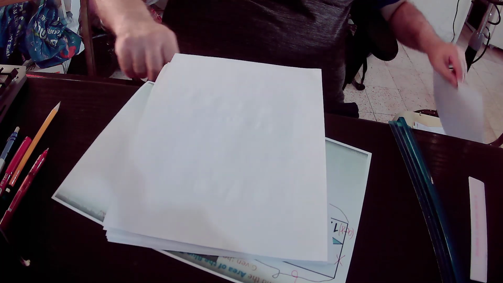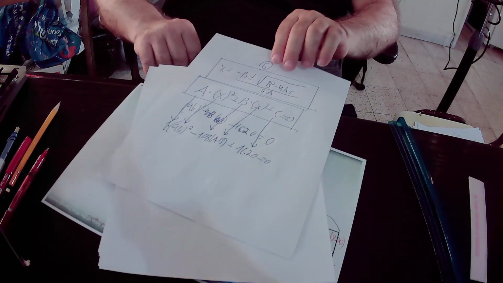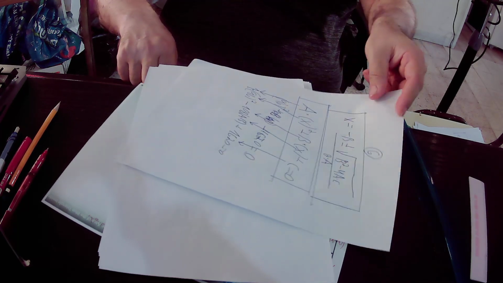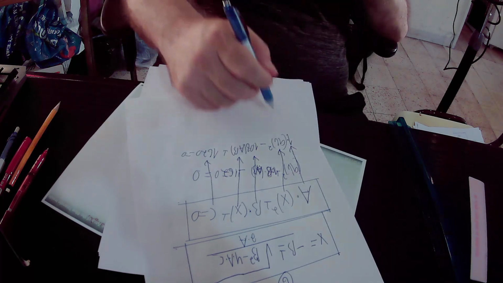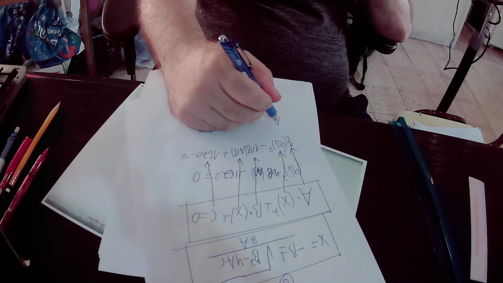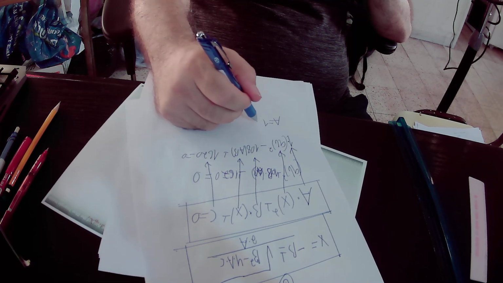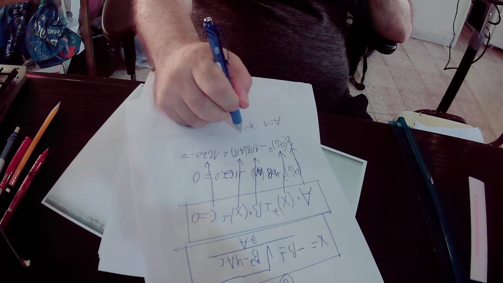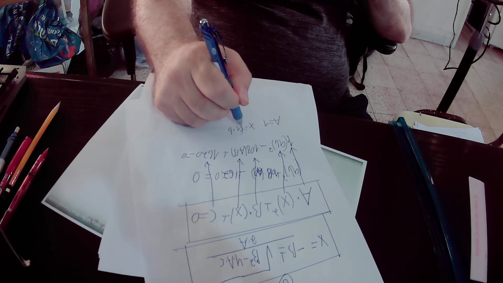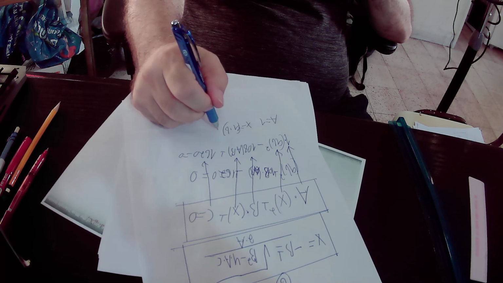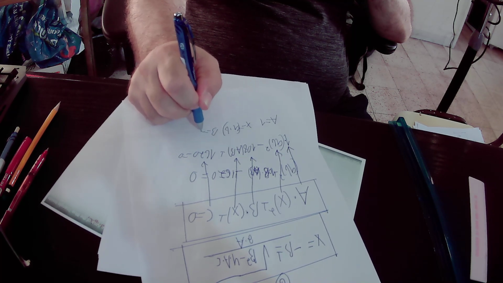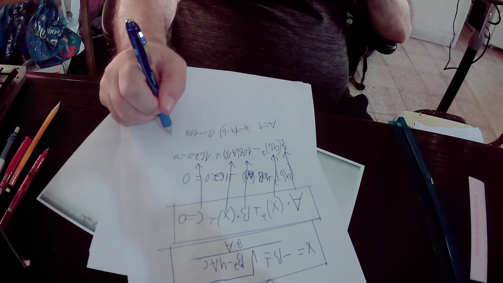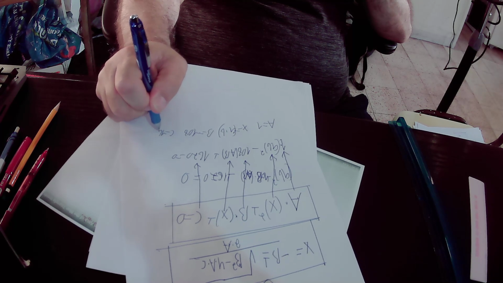First of all I will write the values again: a equals 1, x equals a times b, b equals negative 108, and c equals 1620.